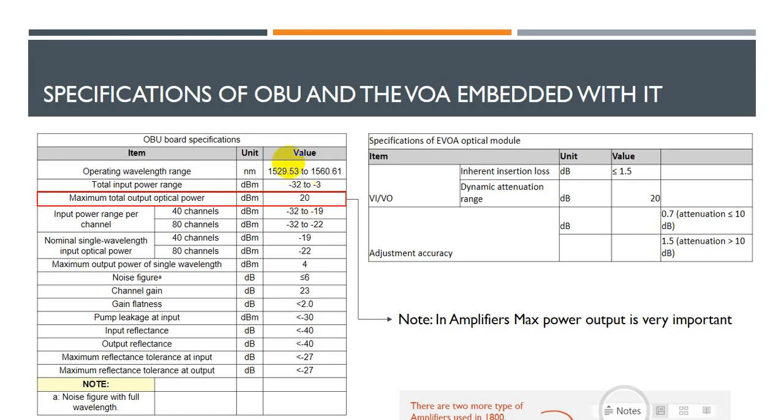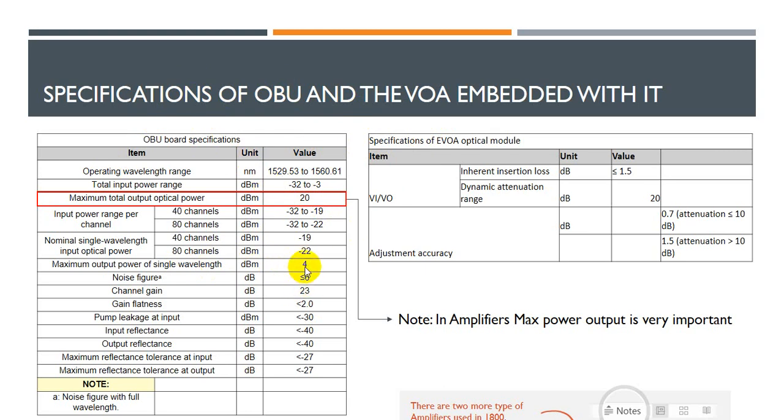And based on this, there are a lot of specifications given here, but this is the main thing. So if we know power calculations in dBm, then this is the one which defines everything. So if it is designed for 80 channels, the total output power cannot be more than 20, and based on this the per channel output is designed, which is 4.